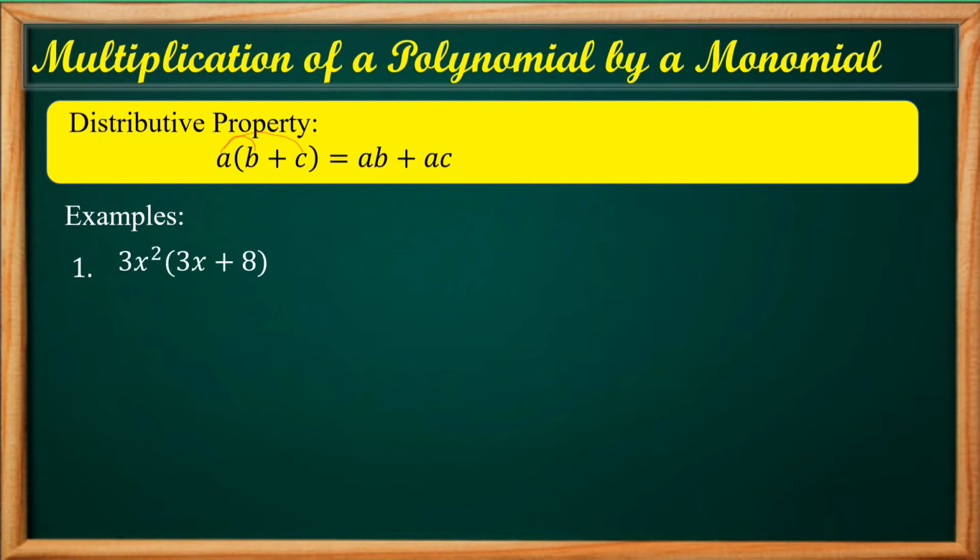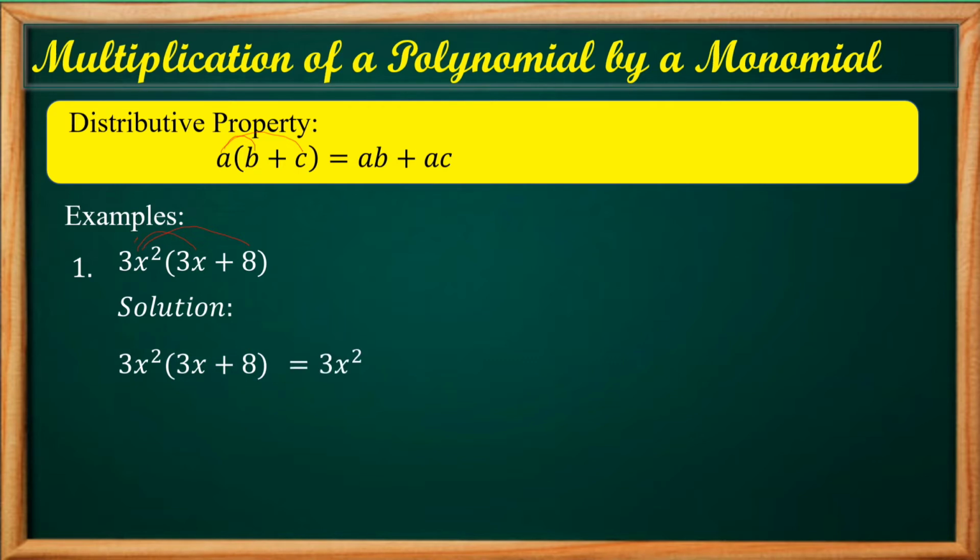Okay, example. We will multiply 3x squared times 3x plus 8. On this part, we have our monomial, and this one is our polynomial. Again, by distributive property, we will multiply 3x squared and 3x, then 3x squared and 8.